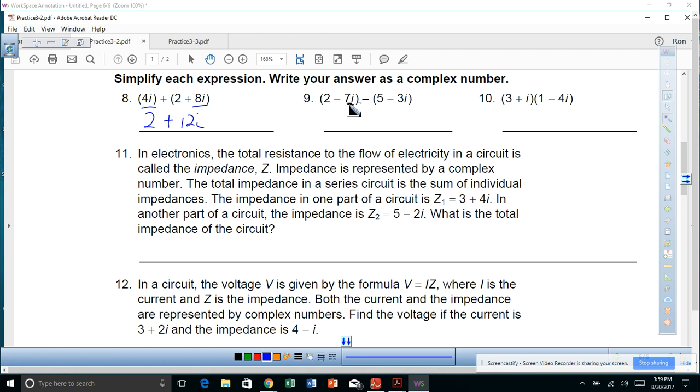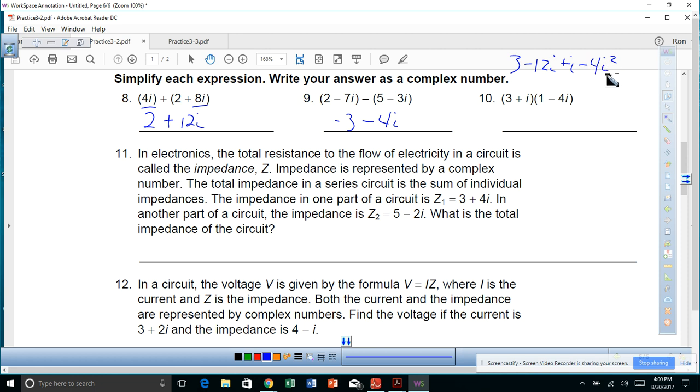Number 9, again, you combine like terms. You have 2 minus 5, that's going to be negative 3. Negative 7 minus negative 3, that's negative 7 plus 3, that's going to be minus 4i. All right. And here, we have to multiply. 3 times 1 is 3. 3 times minus 12i. i times 1 is plus i. i times negative, that's going to be minus 4i squared.